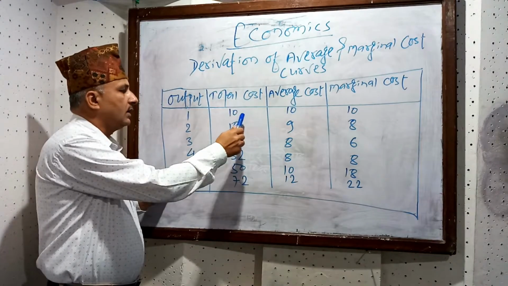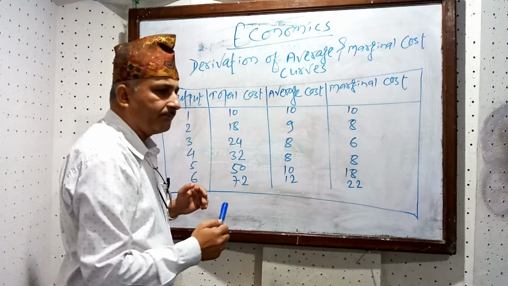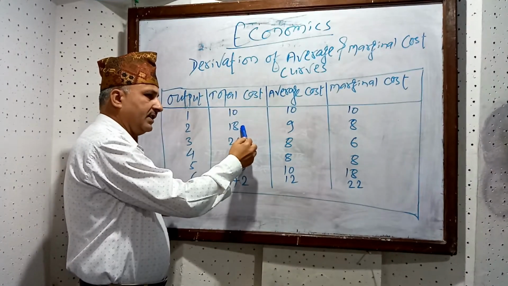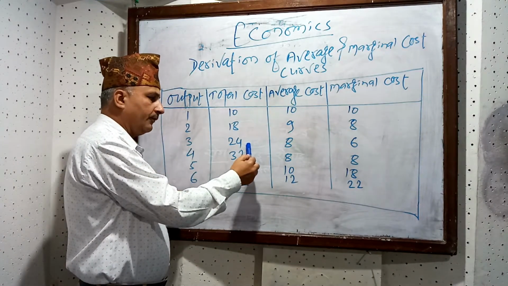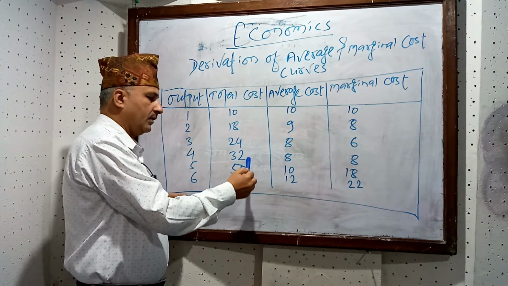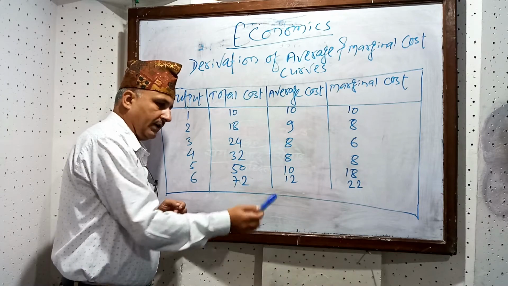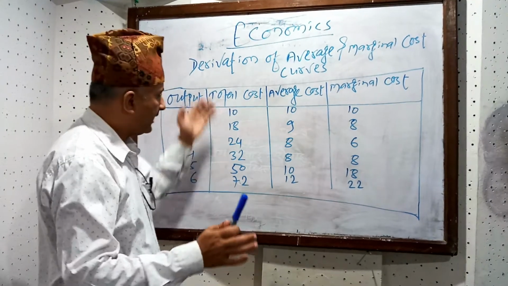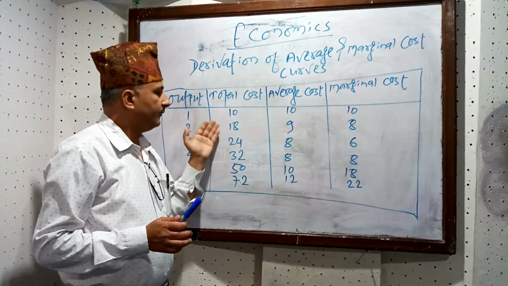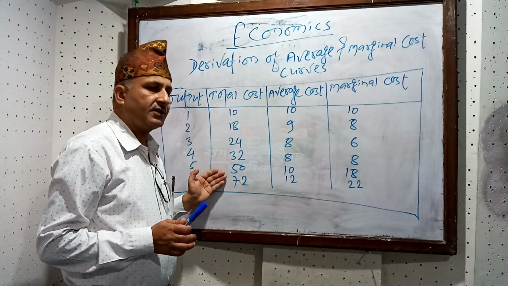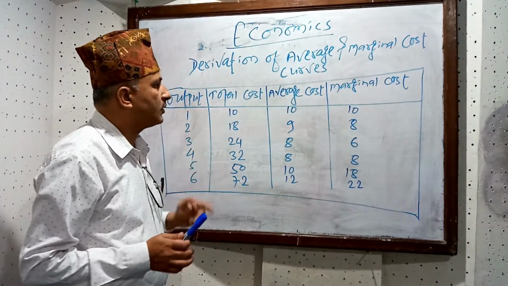Total cost: now start writing 10, 18, 24, 32, 50 and 72. Did you complete it? Again I am going to repeat: 10, 18, 24, 32, 50 and 72. This is the value of total cost.